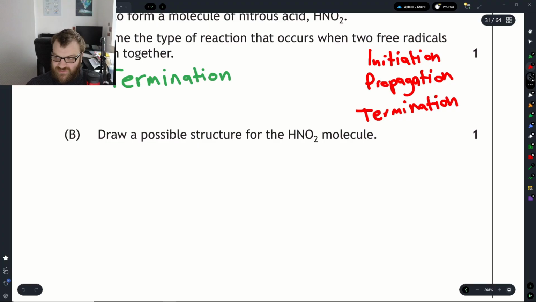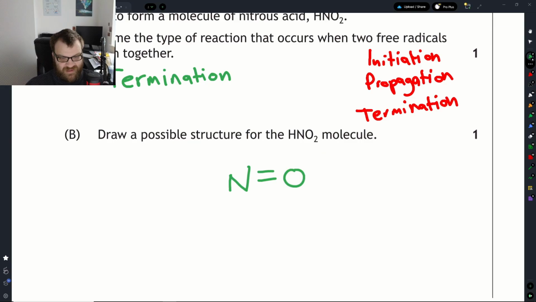I'm going to start off with my nitrogen in the middle. That can make the most number of bonds. I then put an oxygen here. Double bond that. Now my nitrogen's making 2 bonds, oxygen's making 2 bonds, so the oxygen's fine. Put another oxygen here. Nitrogen's now making 3 with an H on there.